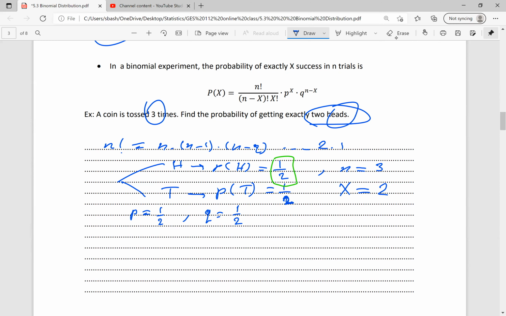So P of 2, x equal to 2, is equal to n factorial. We are now applying this formula. It is 3 factorial divided by 3 minus 2 factorial, multiplied by 2 factorial, multiplied by 1/2 to the power 2, multiplied by q, 1/2 to the power 3 minus 2.